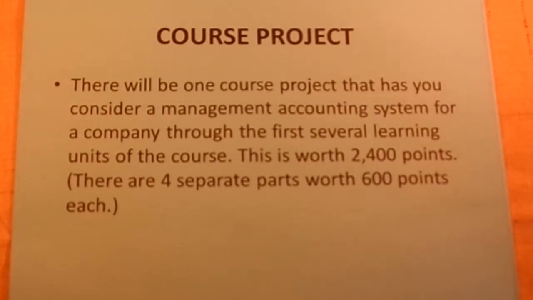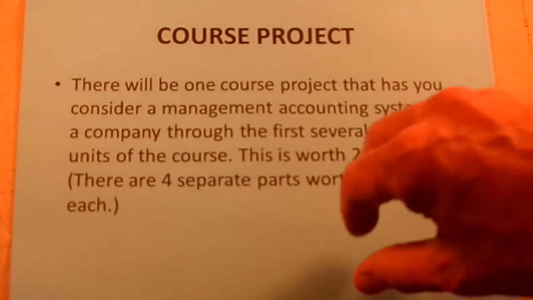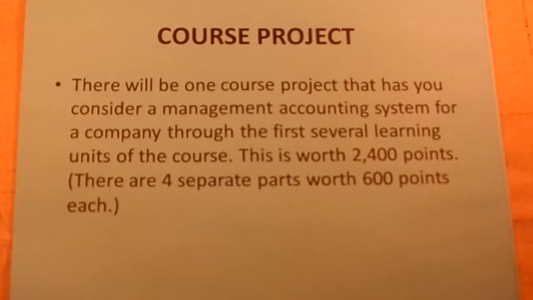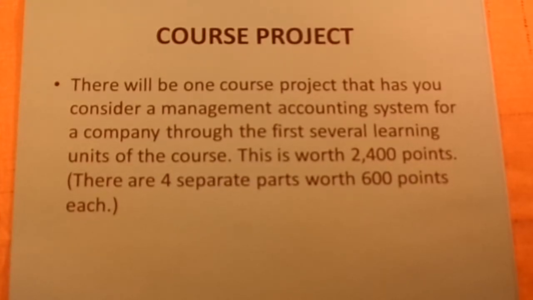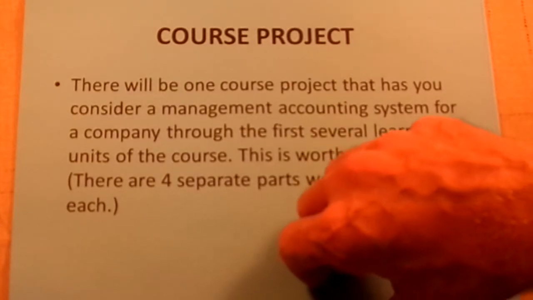It's worth 2,400 points. Each section is worth 600 points. There's a combination of several multiple choice questions that you can do over and over again, because this is a project, not a test. And also there's normally at least one short answer question that I have to grade.